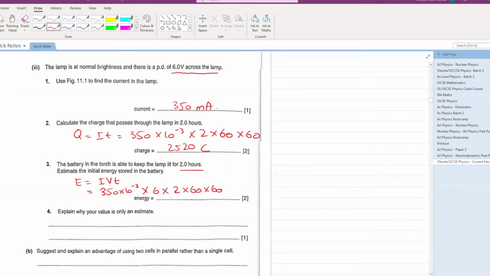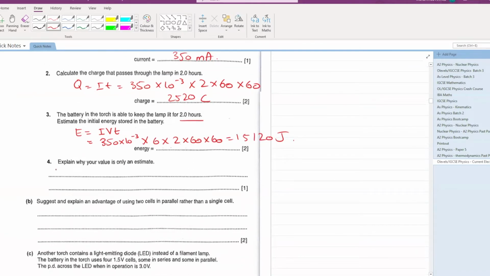Let's calculate this. 2 times 3600 times 6 times 350 times 10 raised to the power of minus 3. This comes out to be 15120 joules. Explain why your value is only an estimate. Okay, our value is only an estimate because there will be heat losses through the wire. Simple, I guess it's 1 mark, so that's enough.